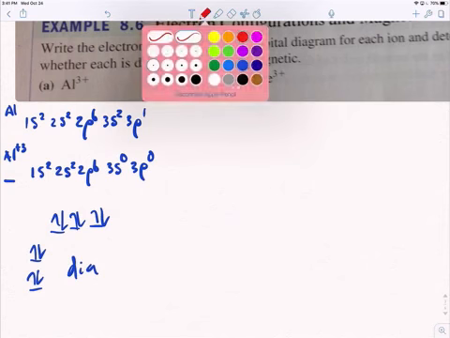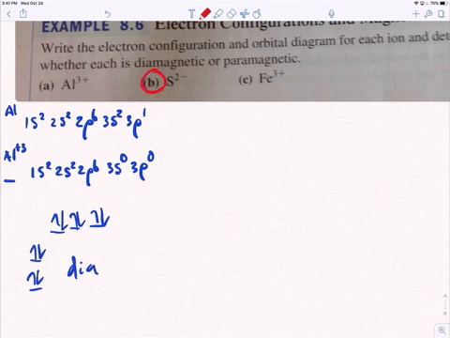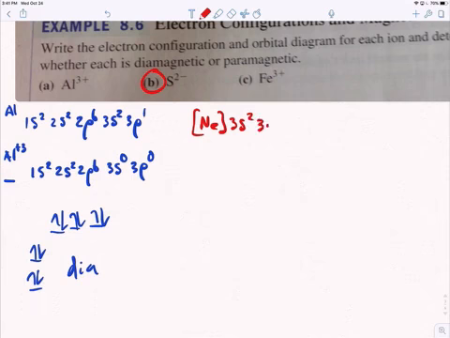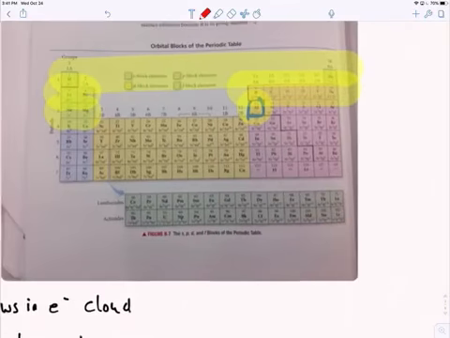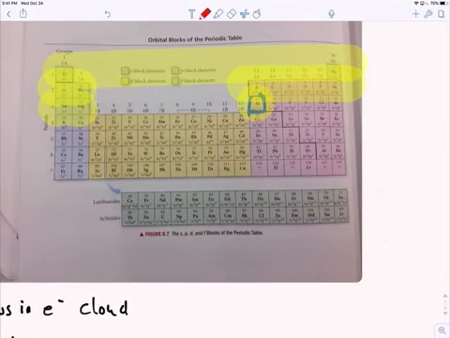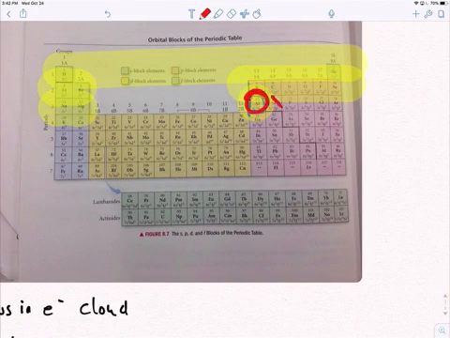Okay, let me look at sulfur. Sulfur is neon's configuration, 3s squared, 3p4. This is sulfur, and let me show you the chart. Aluminum was 3p1, and sulfur is 3p1, 2, 3, 4.